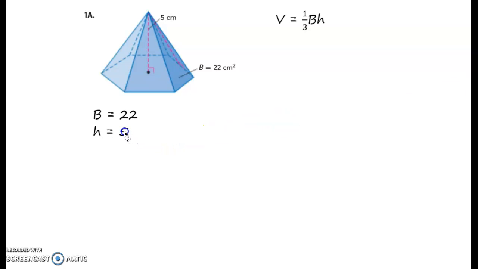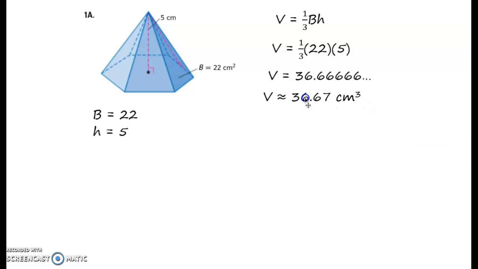So the height of my pyramid is 5. So now all I have to do is substitute in my values. So I've got 1/3, 22 times 5. When I do my calculations, I get 36.6 repeating. And if I round that to the nearest hundredth, I get 36 and 67 hundredths centimeters cubed.